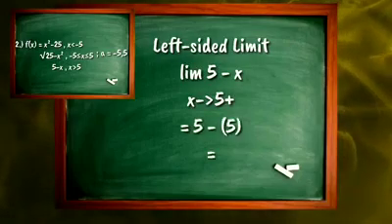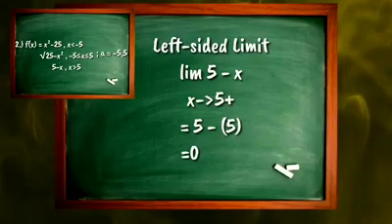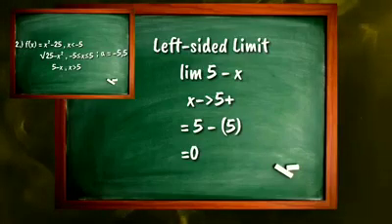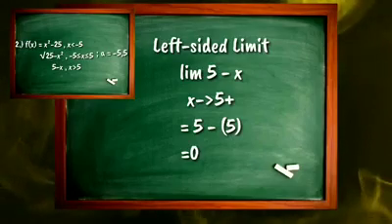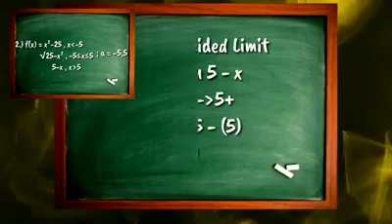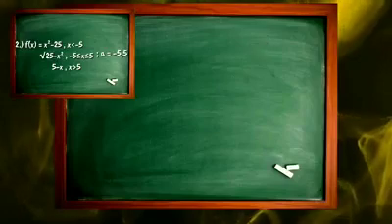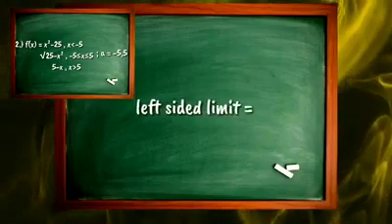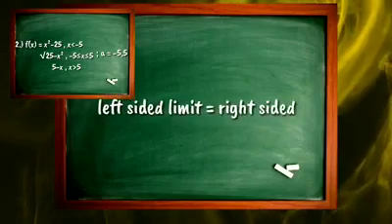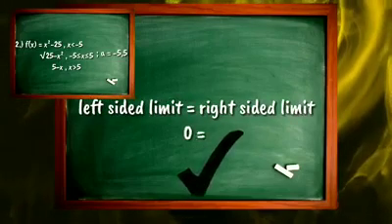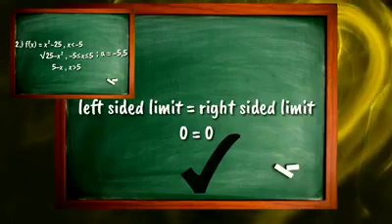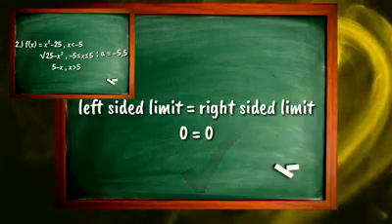So the next thing to find is the right-sided limit. Limit of 5 minus x as x approaches 5 from the right is equal to 5 minus 5, which is equal to 0. So since the values of our left-sided limit and right-sided limit are both 0, it means that it satisfies the second condition.